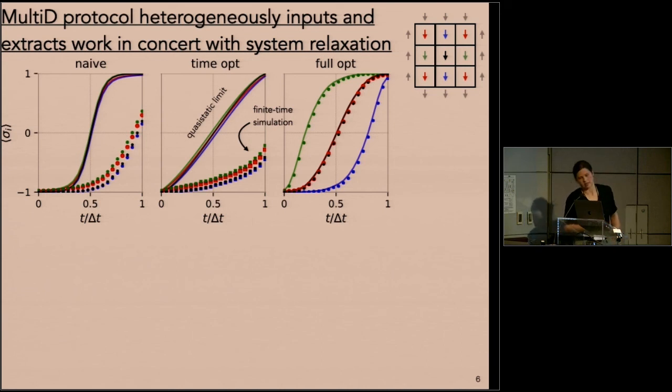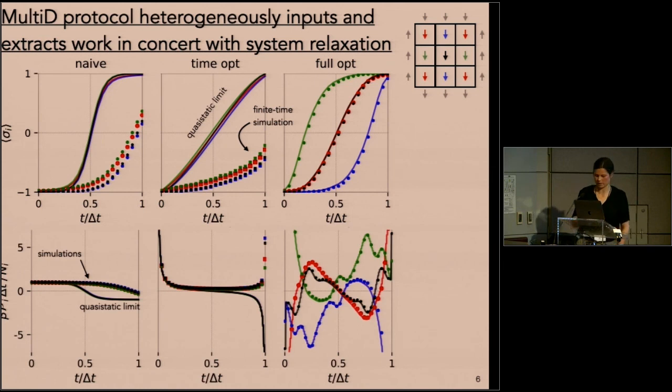We also see that these spins are driven differently. So one way to see this is by looking at the power that is input to each of these spins throughout the control protocols. So again, looking at the naive protocols, the simulations are the dotted lines, and the quasi-static limit are the solid lines here.